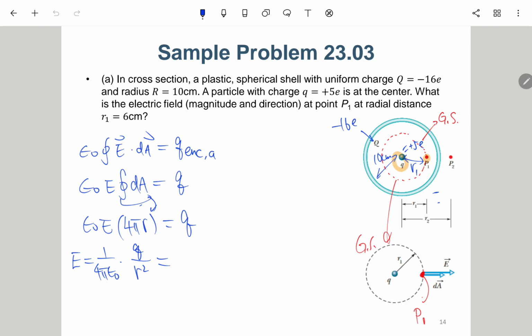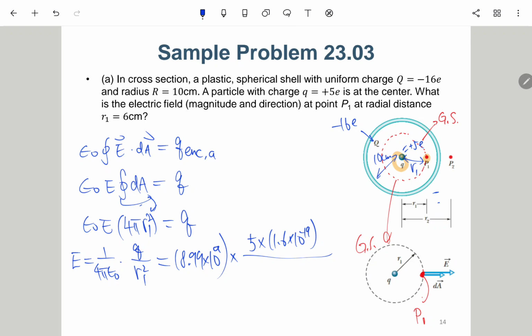Okay, so actually we can just plug in the numbers. So this is 8.99 times 10 to the 9th power, and then times Q, which is 5e. 5e means it is 5 times 1.6 times 10 to minus 19 coulomb. And then over R1 square.